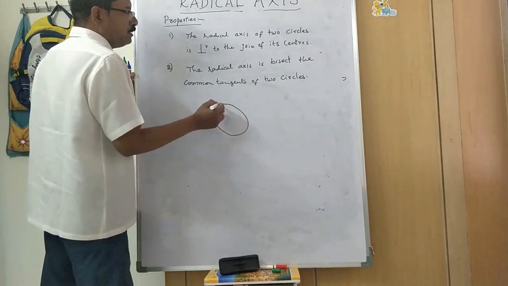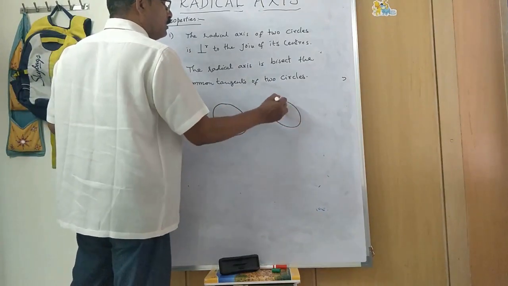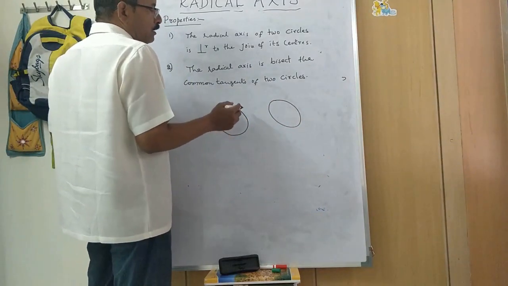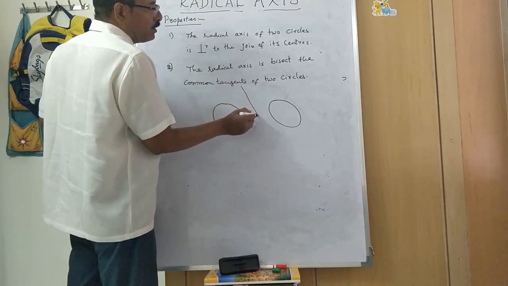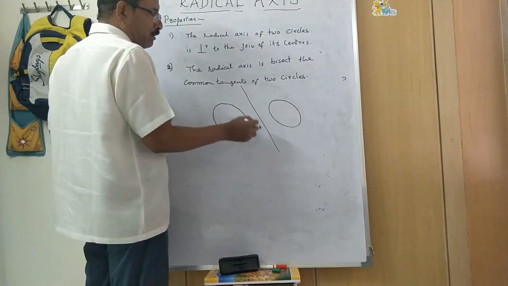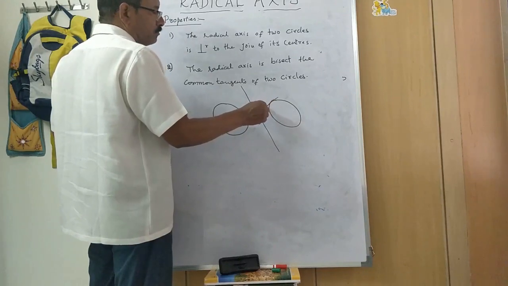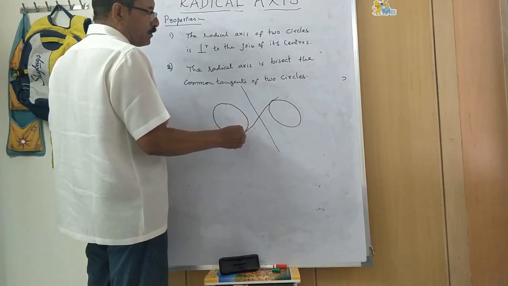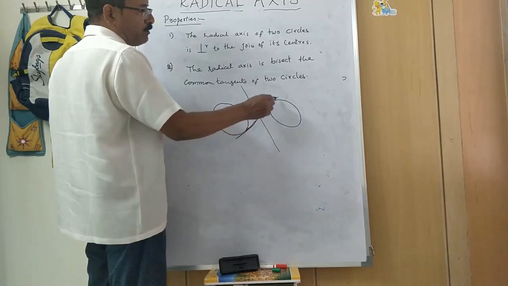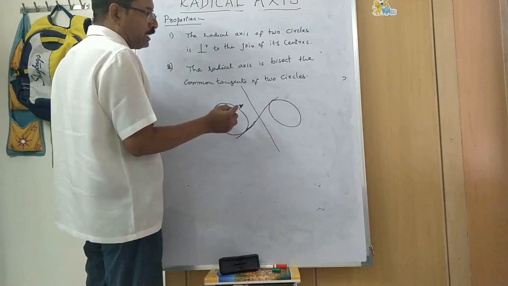If here I have one circle and this one is another circle, and this is called the radical axis. You know that this is a common tangent to both the circles.